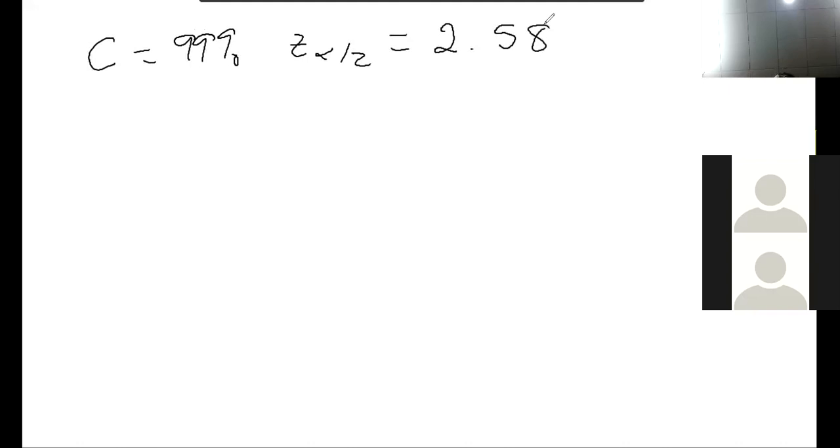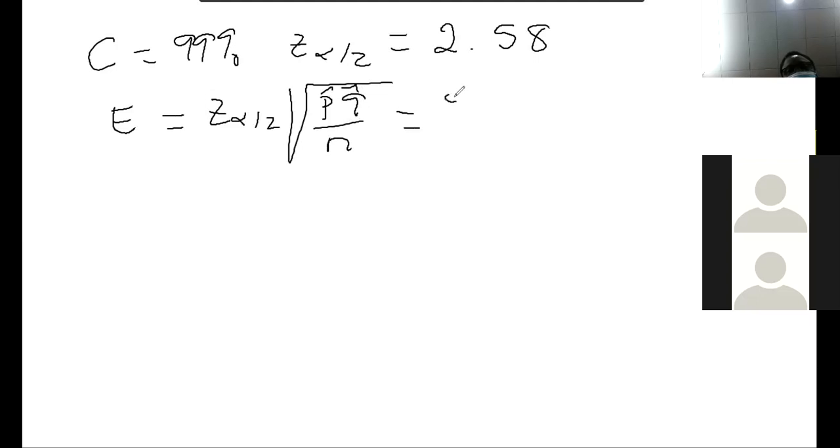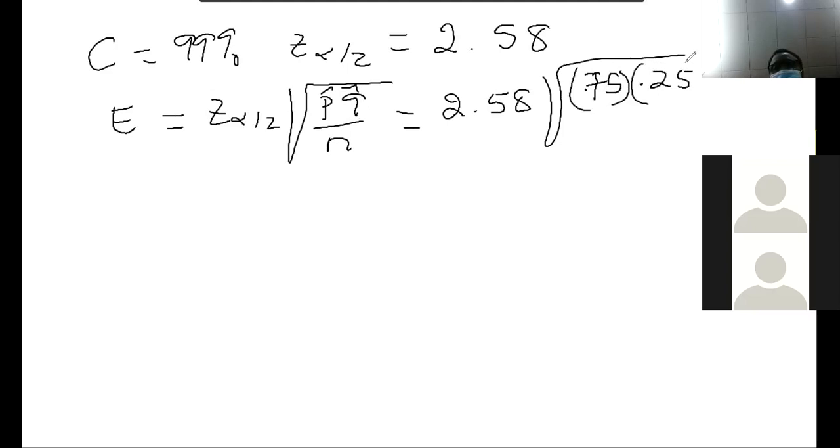If you practice, you are going to know what it is. So the margin of error is E equals z alpha over 2 times the square root of p hat q hat over n, which is 2.58 times the square root of 0.75 times 0.25 divided by 800.